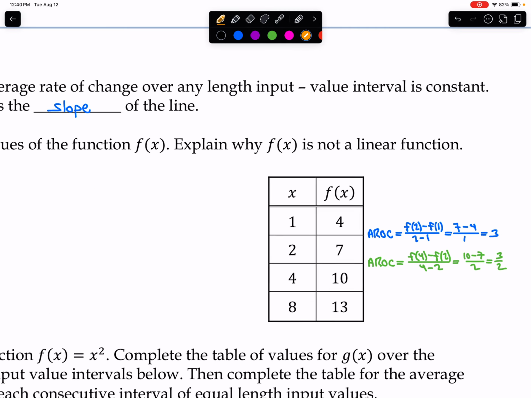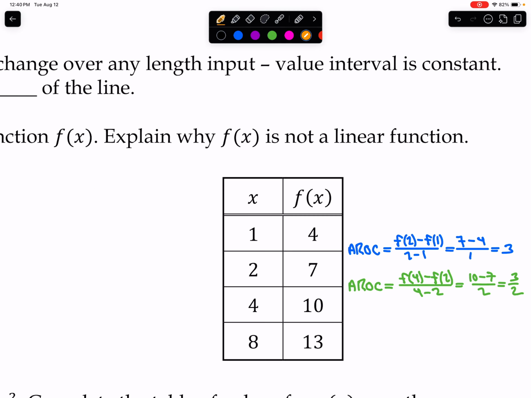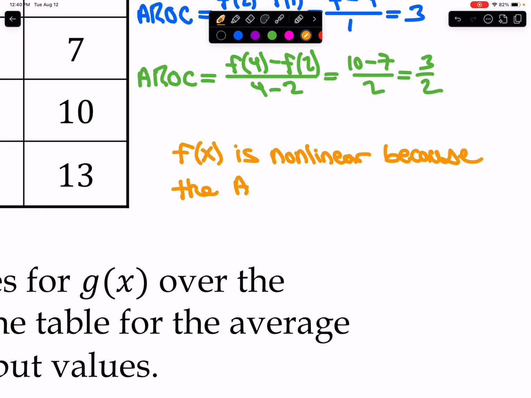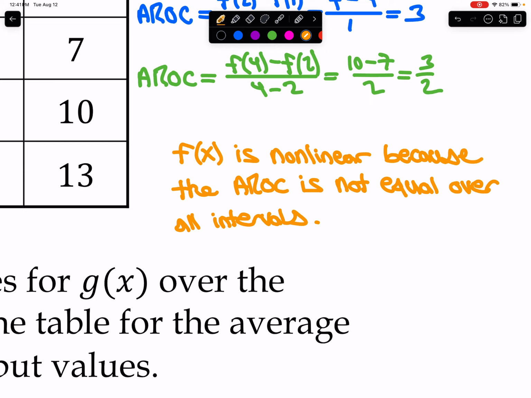So the explanation that you're going to provide: f of x is nonlinear because the AROC is not the same or not equal over all intervals. Or at least something along those lines.